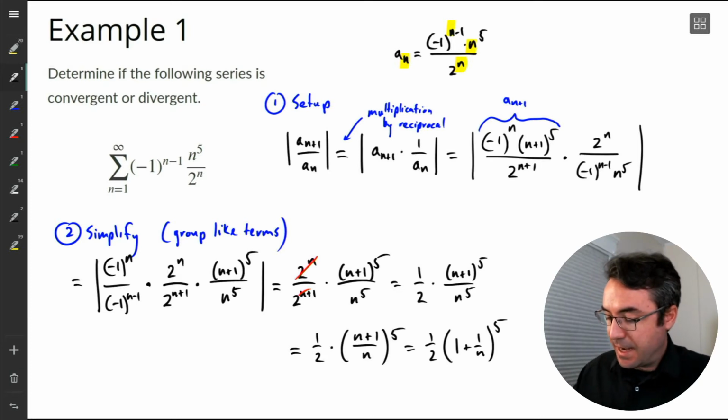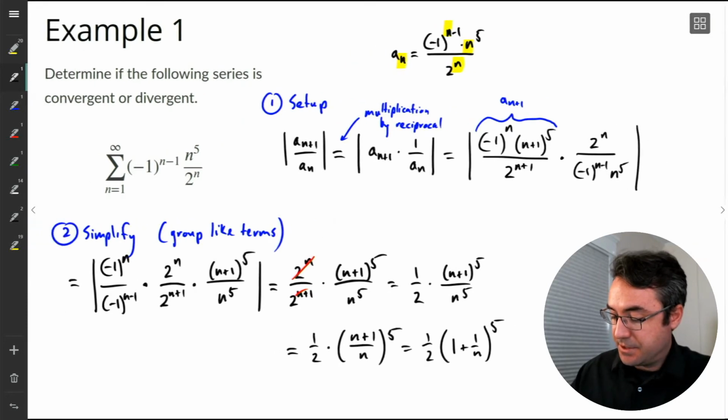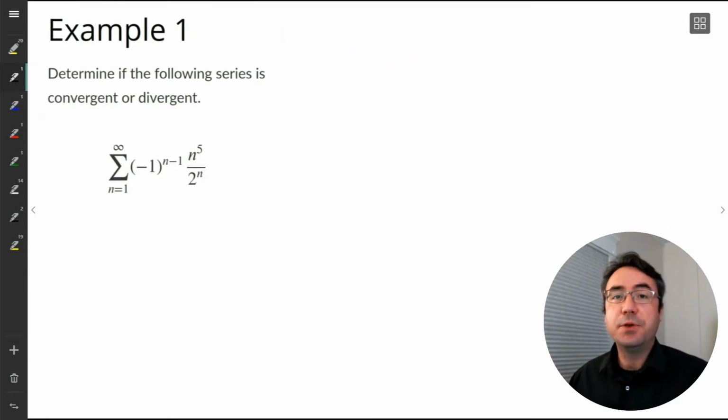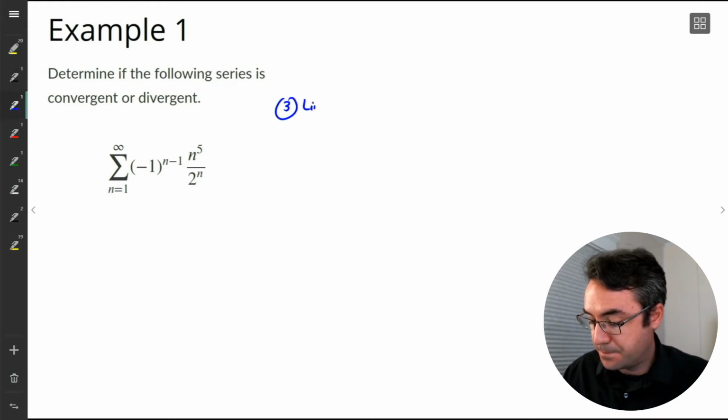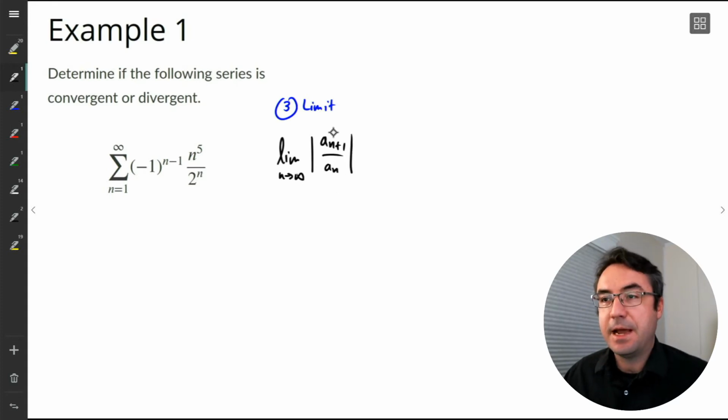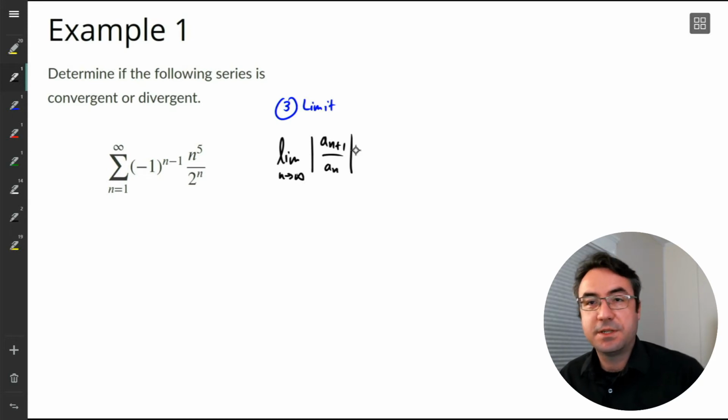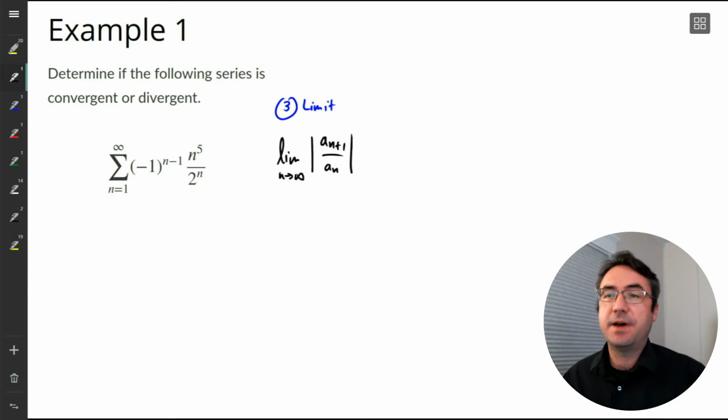All right, so the next step is to actually compute the limit. We're interested in doing the limit as n goes to infinity of the absolute value of a_(n+1) over a_n. Now we did some work on the last page where we wrote this out and simplified it down.